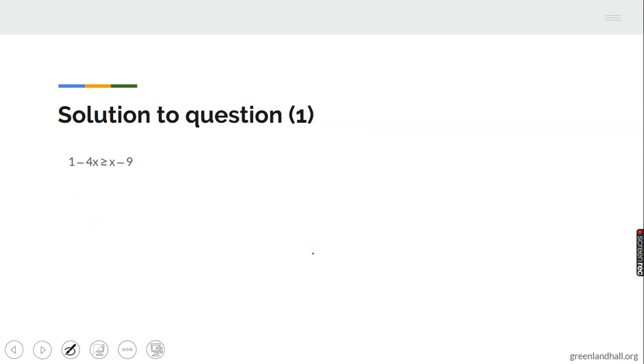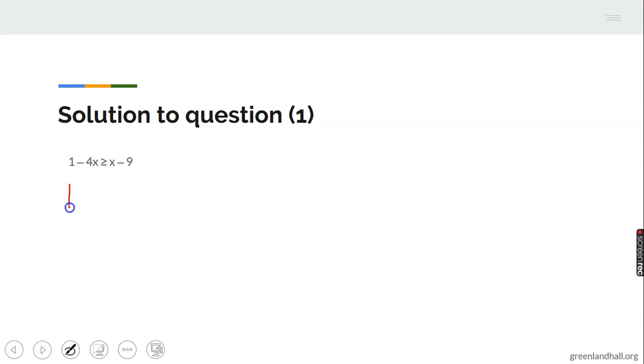Now, let's start with question 1. We have to solve 1 minus 4x greater or equals x minus 9. So what do you do first? You bring the ones that are having the same terms together. How do you do that? I told you, you don't do it anyhow. You do it either by adding or by subtracting. Now, let me subtract x from both sides.